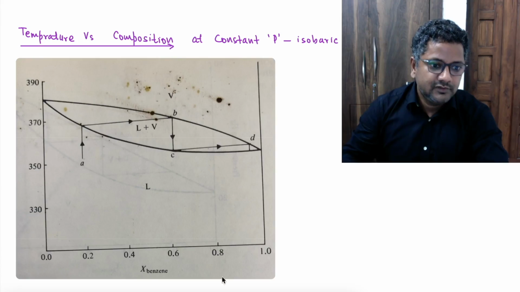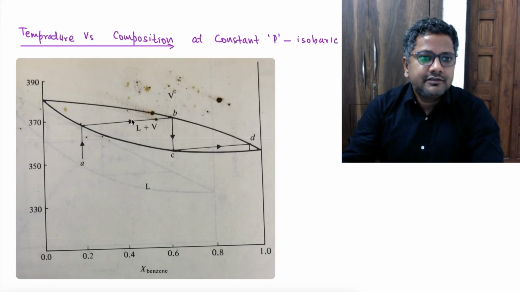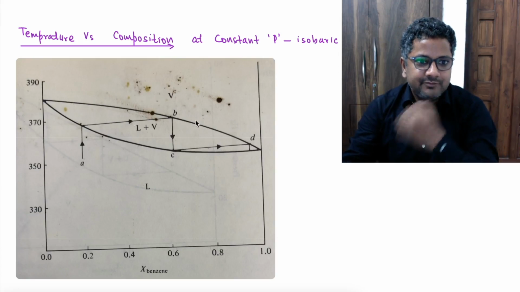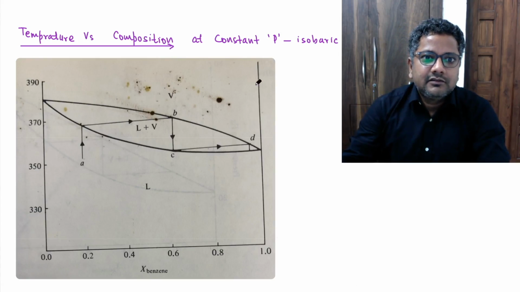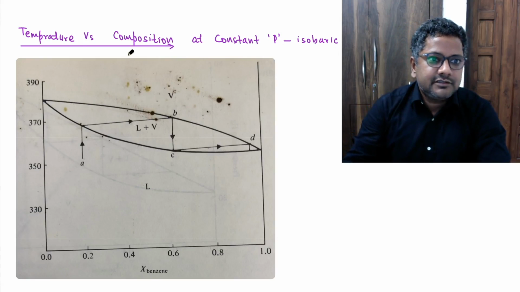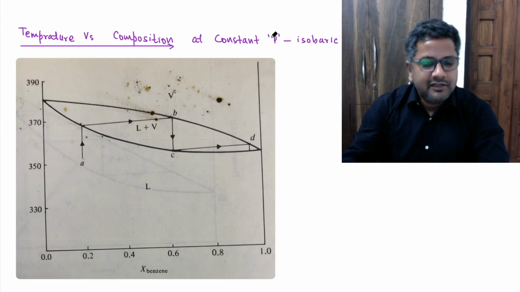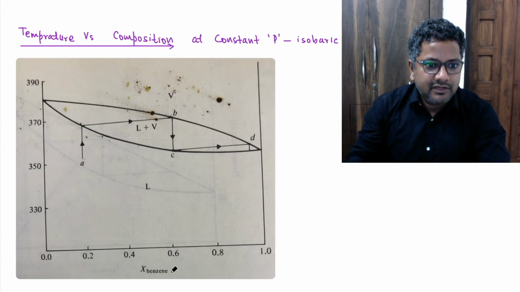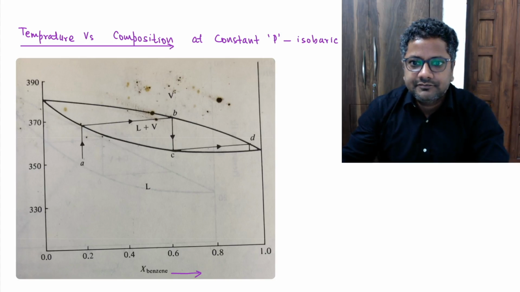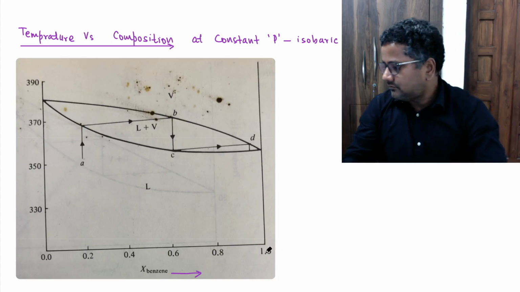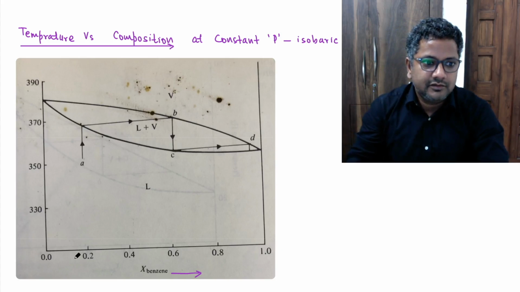Okay. See, dear friends, to save time, I have taken this picture ready. See, this is the temperature versus composition curve of the same mixture we have taken above. I have taken the same benzene and toluene, and this increases from this to this.